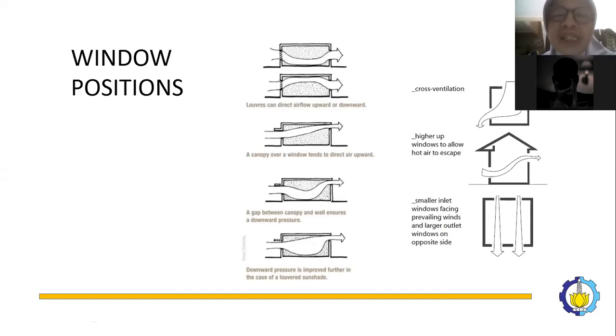Then we can remember what is the function of the ventilation. If just to keep the fresh air to exchange the room stale air or odor or pollutant like this is okay.